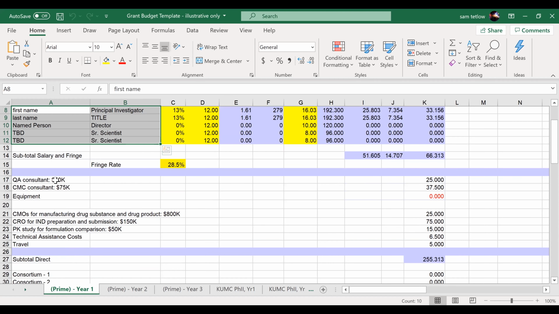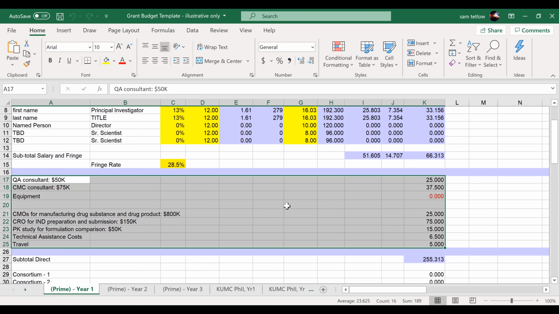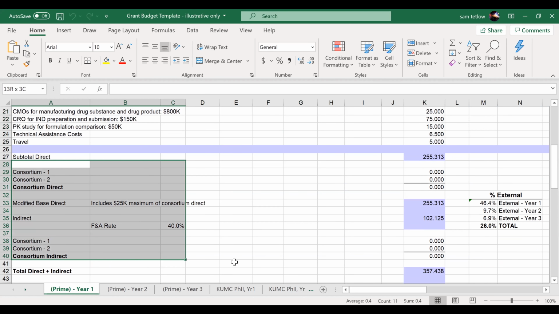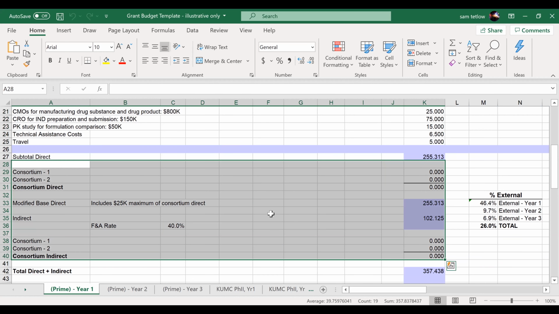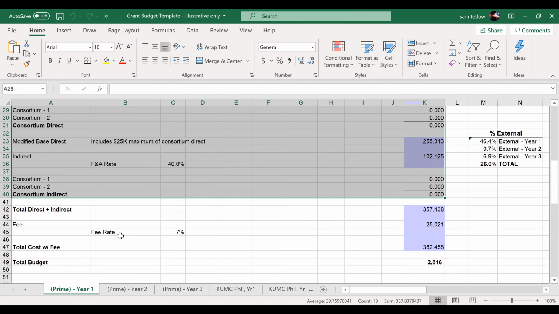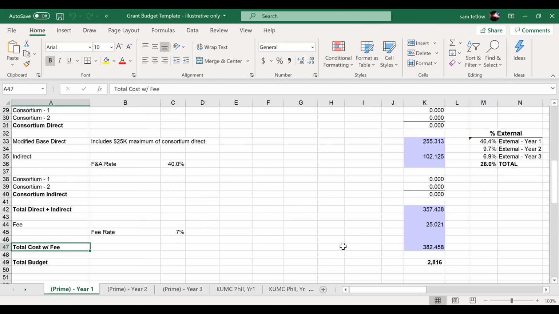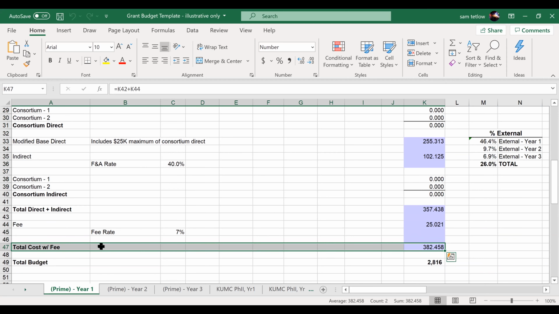Next section, other direct costs. The next section is indirect cost. And then we have fee, a profit, and then a total. Those are the big picture sections that you're looking at.